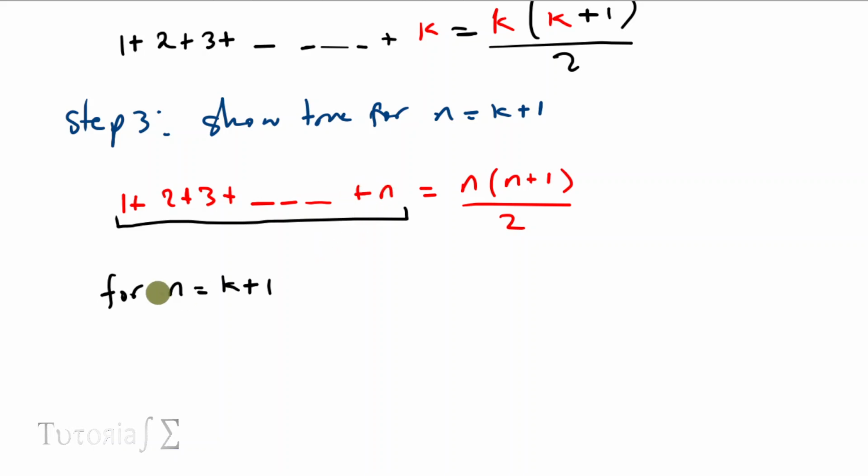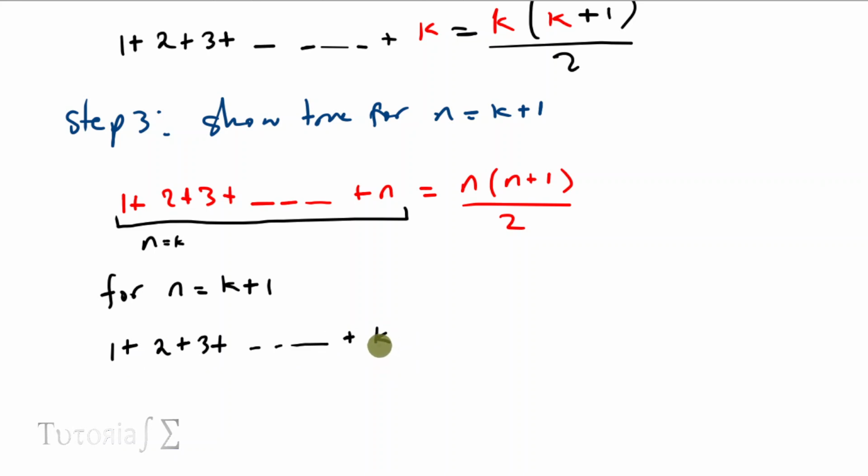Now, let me write this. When n is k, you're going to have 1 plus 2 plus 3 plus all the way to plus k.